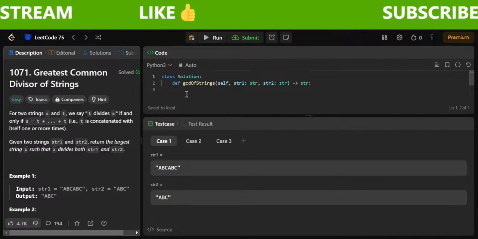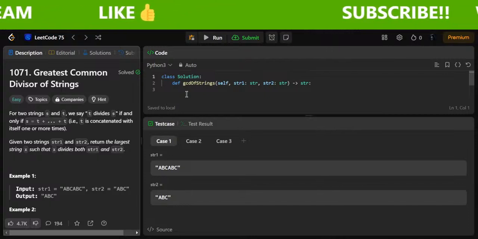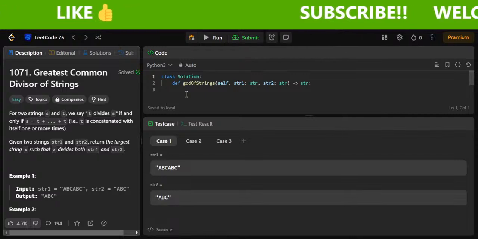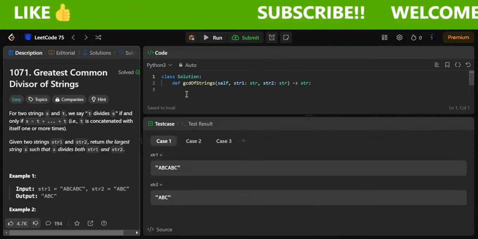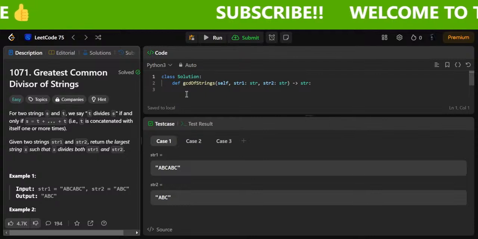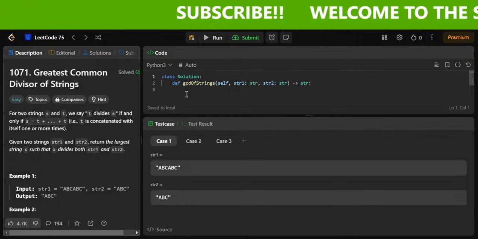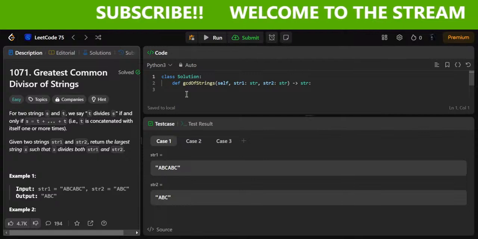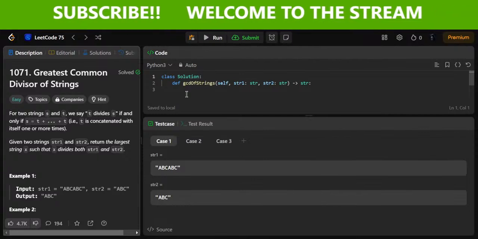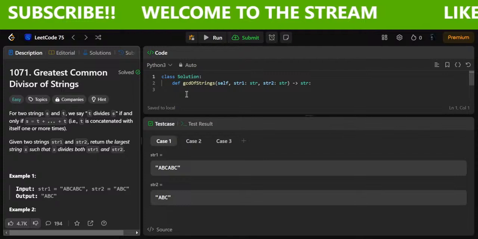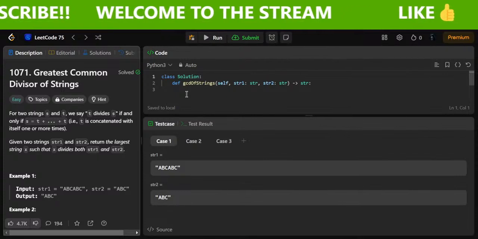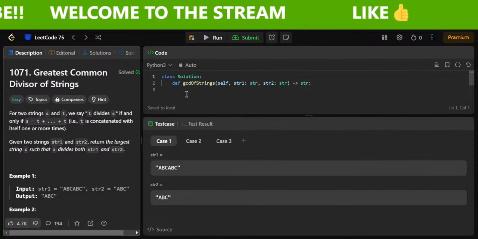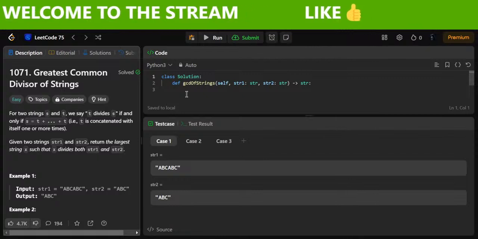No idea. ABC, can A be a divisor? Yes, of course we can. Can A be? Yes. Okay. I really don't have any idea how to solve this.